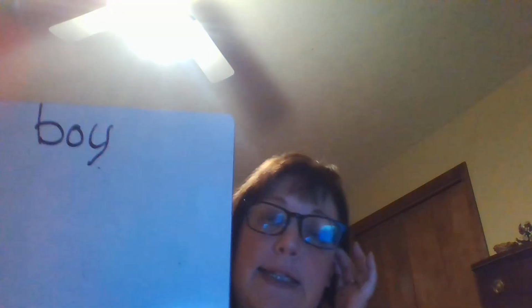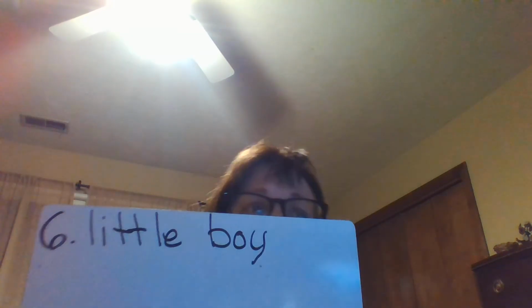So with your highlighter, I want you to highlight the word little and the word boy, because little tells us more about the boy. So sentence number 6, there's just one adjective with the noun. And you're going to do the rest, 7 through 11, on your own, highlighting the adjective and the noun.